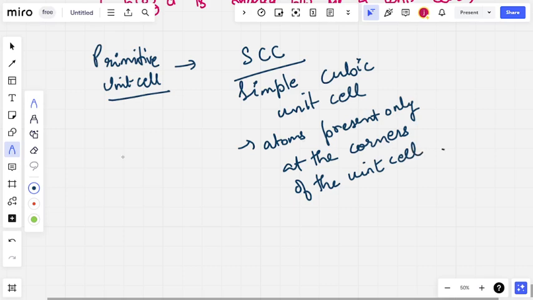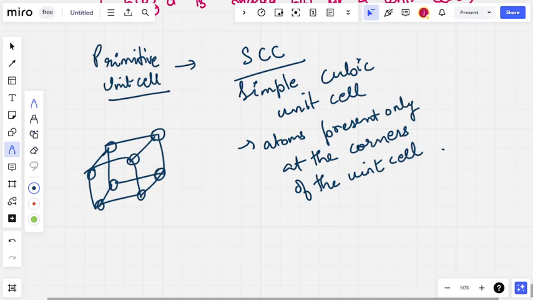Atoms are present only at the corners of the unit cell. So if I am having this unit cell and the atoms are only and only present at the 8 corners, then this is the simple cubic unit cell.